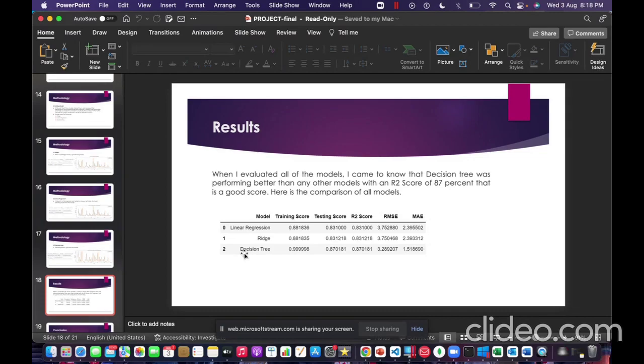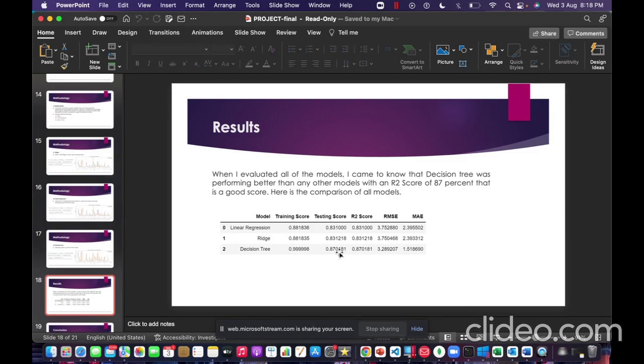Here is the comparison of all the models. You can see that the training scores for all these three are 0.88, 0.88 and 0.99. For testing scores, these two have 0.80, 0.83, and the decision tree 0.87.